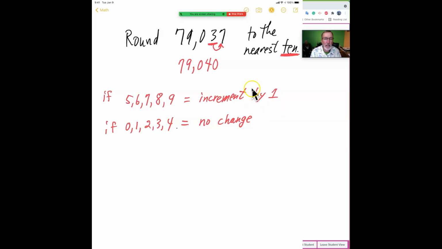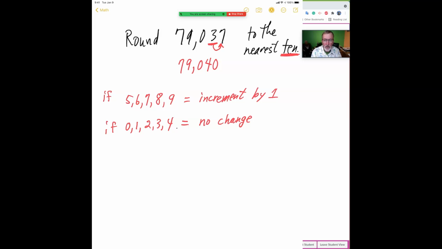We're rounding, right? So sometimes you have to fill in a trailing 0 here. So that's what we're doing. We need this 0 as a placeholder. When we round this way, there are no 1s in the 1s column, so we put a 0 there. So 79,040 is how this number rounded to the nearest 10.